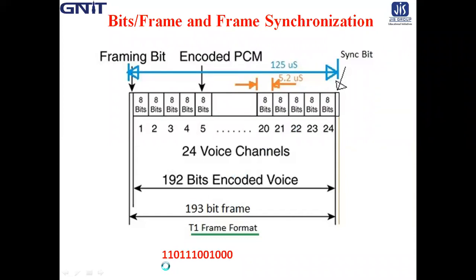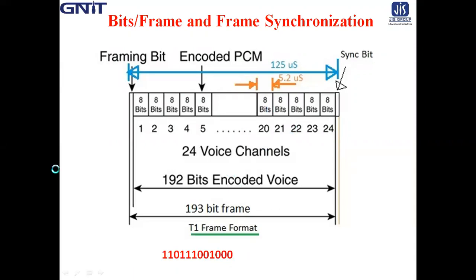Say the code is 110 111 00 1 000. Now this code is transmitted repeatedly, once every 12 frames, and is used at the receiver to establish synchronization.